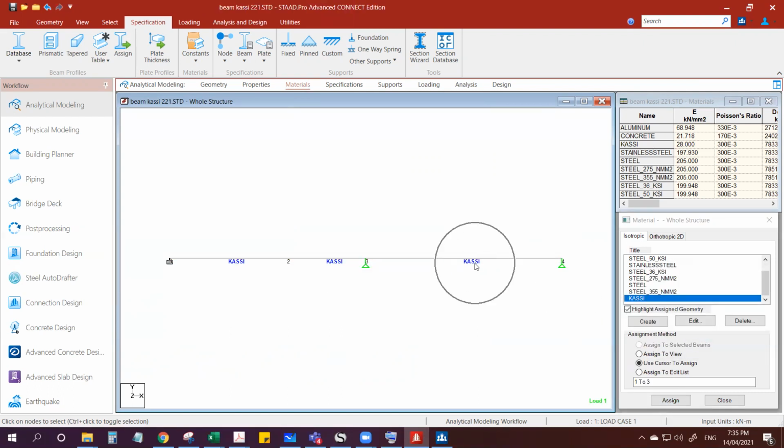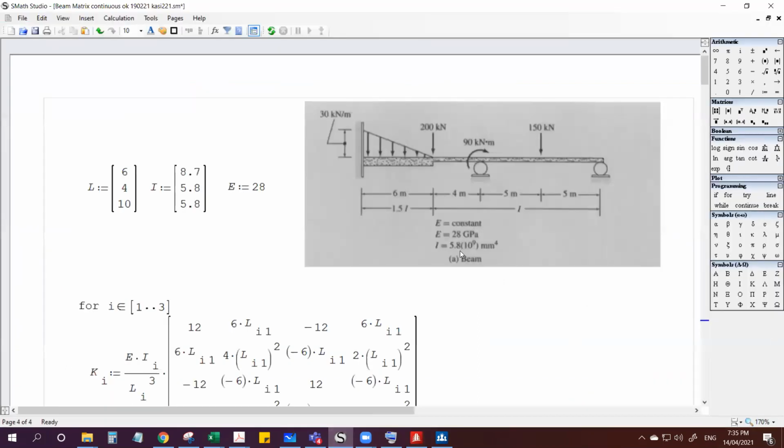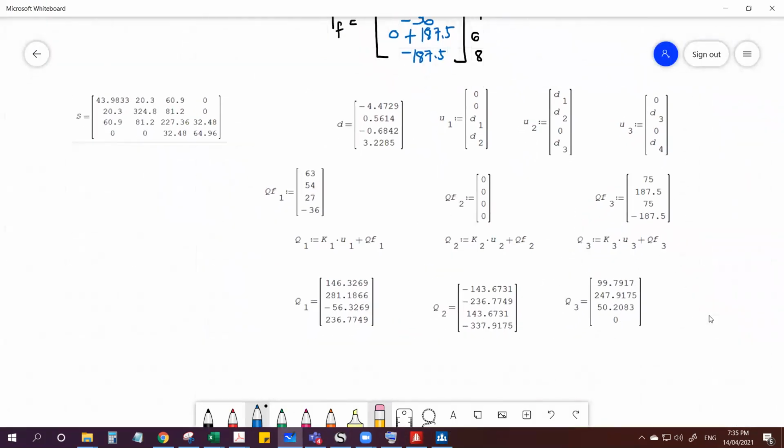Next is properties. I need 5.8 times 10 raised to 9 millimeters to the 4th.